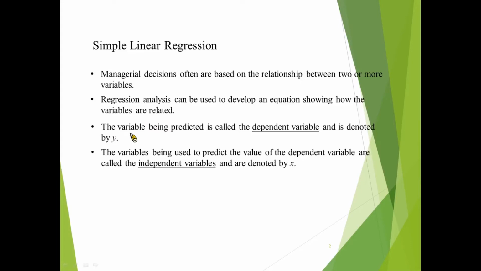The variable being predicted is called the dependent variable and is denoted by y. The variable being used to predict the value of the dependent variable is called the independent variable, and is denoted by x.